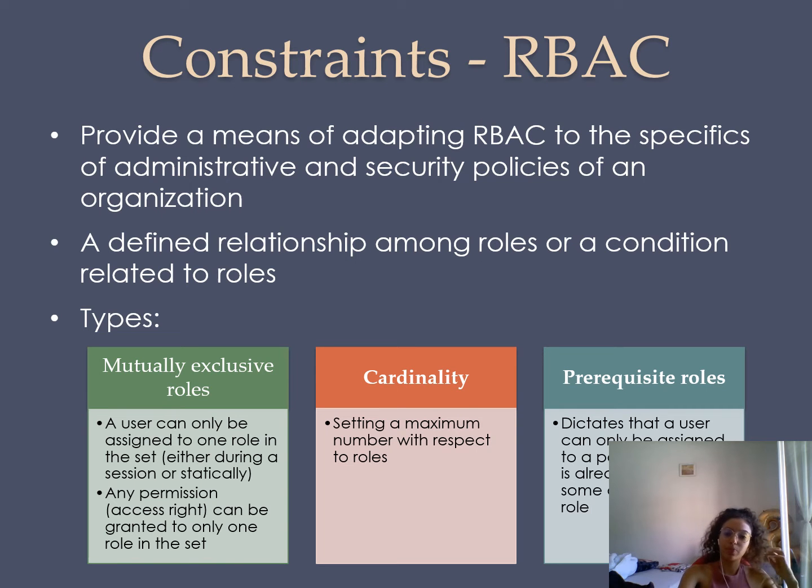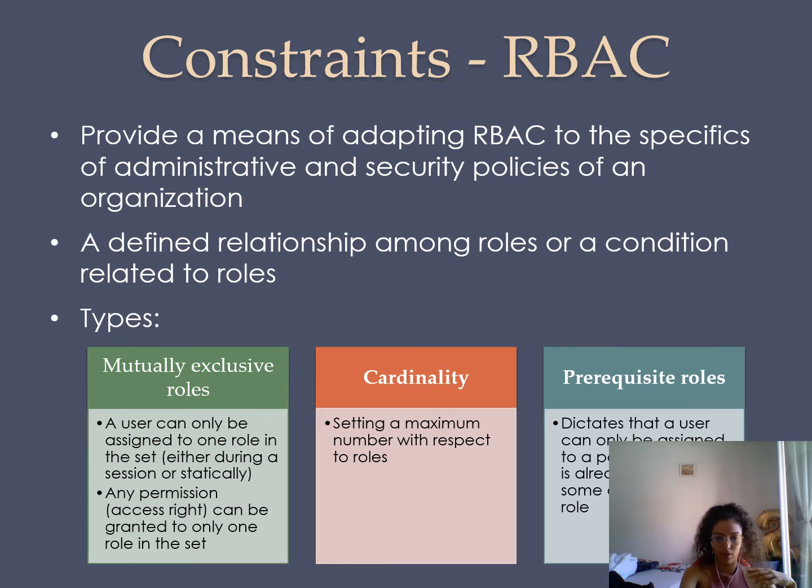Constraints provide a means of adapting RBAC to the specifics of administrative and security policies of an organization. First, we have mutually exclusive roles, which are roles such that a user can be assigned to only one role.